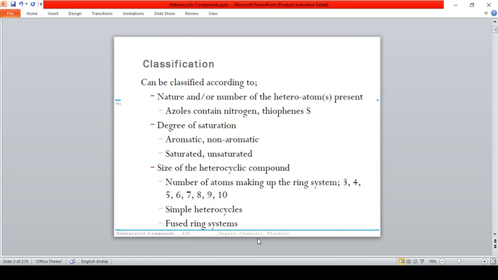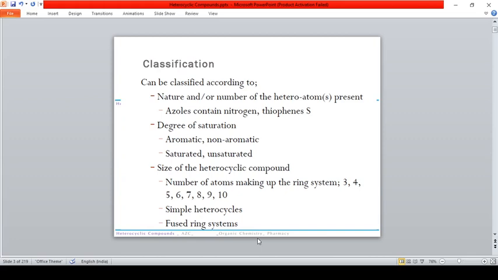Alright. Another classification based on saturation is aromatic and non-aromatic. Now, what is an aromatic compound? For an aromatic compound, there are two conditions: the compound should have 4n plus 2 pi electrons and be in conjugation. Alright.